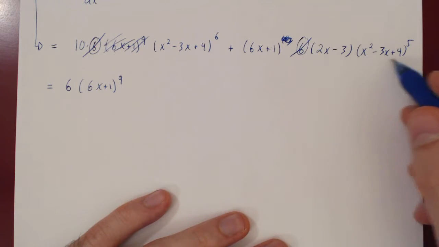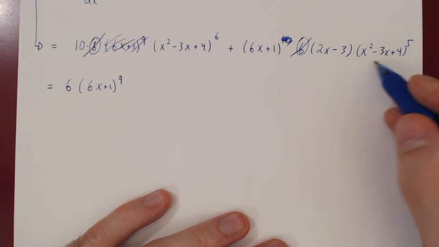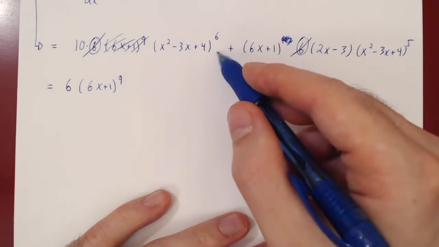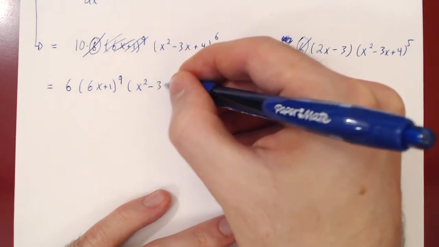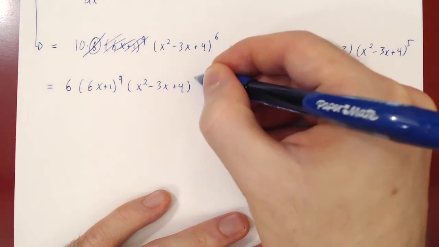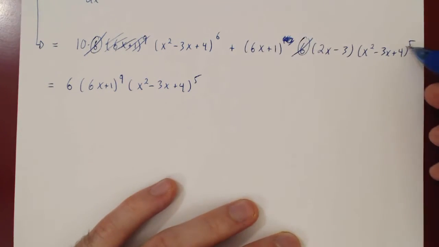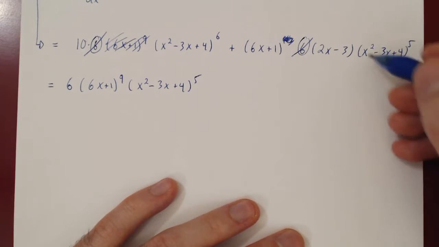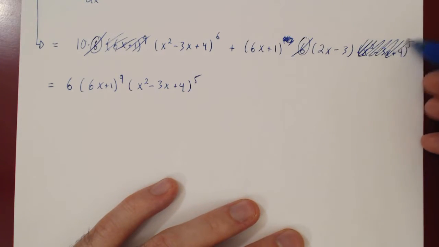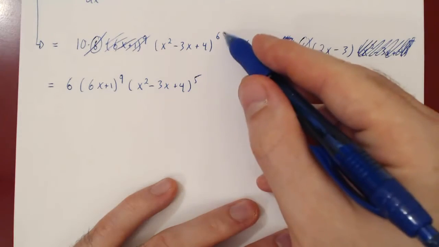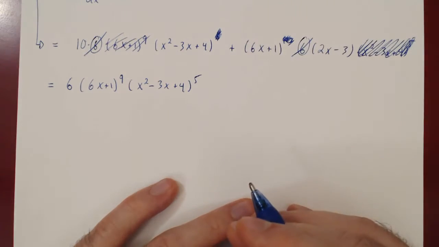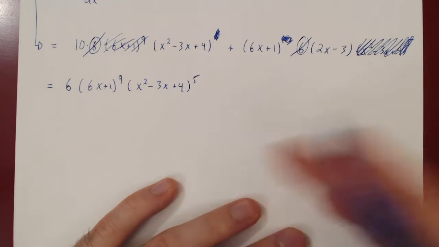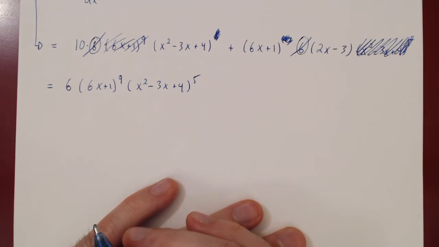What else can we factor? Well, we have here this quadratic. There's 5 of those here, 6 here. So we can factor 5. So (x squared minus 3x plus 4) to the 5th power. If there are 5 here and we take away all 5, there's nothing left for this quadratic. And if there are 6 and we took away 5, that leaves us with only 1. And if you look at what's left over, there are no more common factors.